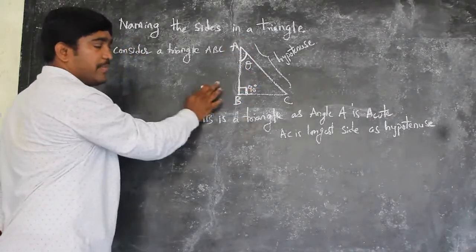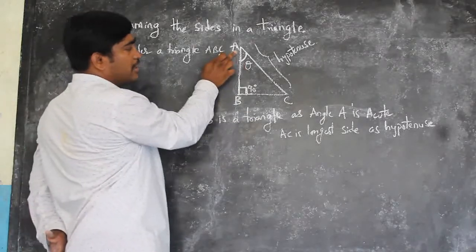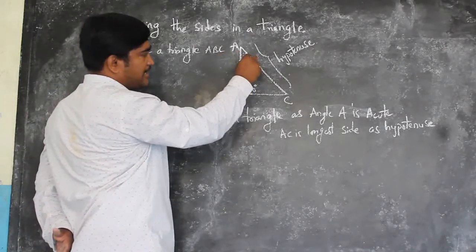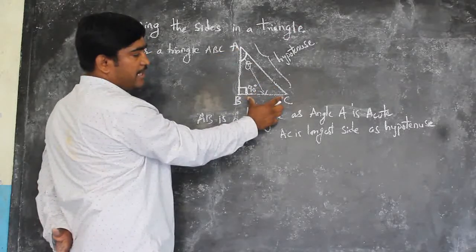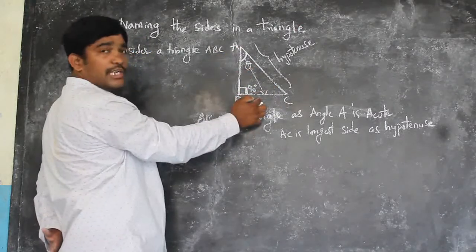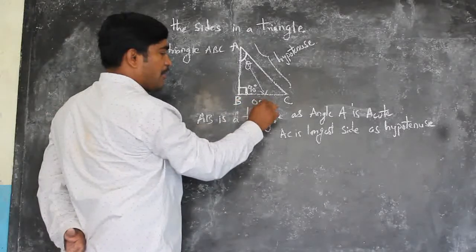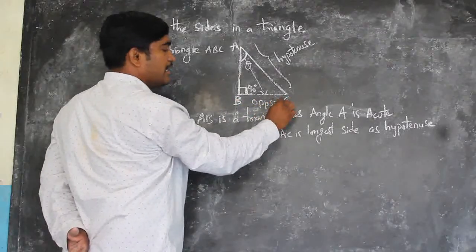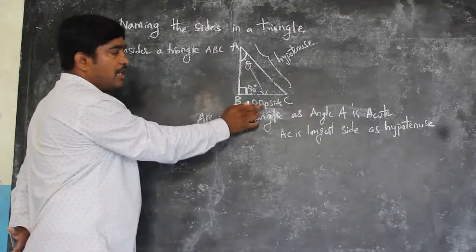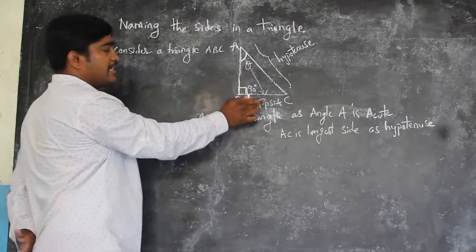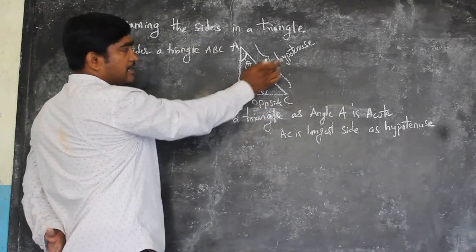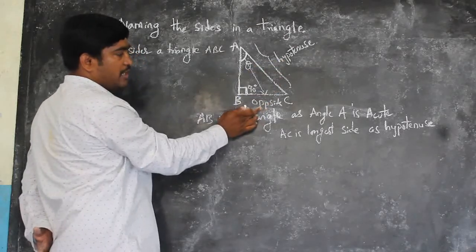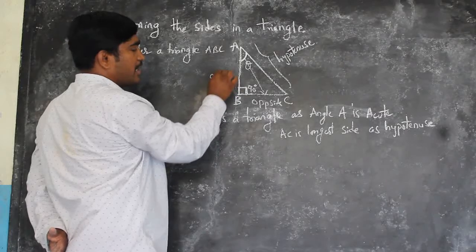What to name the remaining two sides? If you observe from this angle, BC is exactly opposite to that angle, so we say it is the opposite side. Similarly, the other one is the adjacent, because what is adjacent?